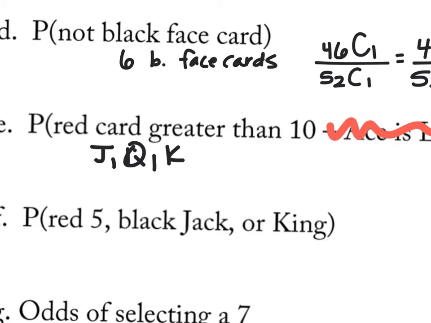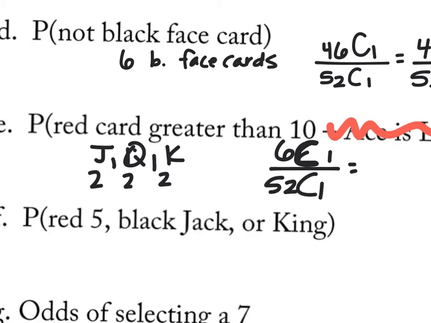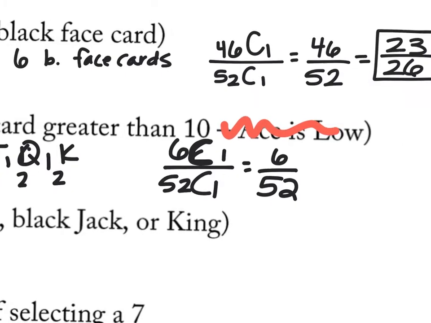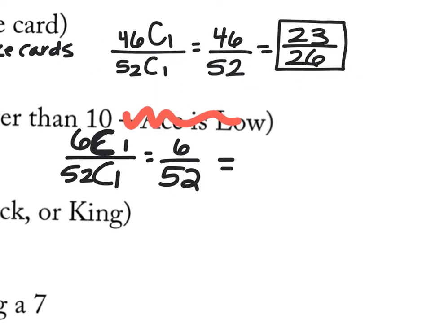And there are 2 red cards for each of those. So there are 6. So it's 6 choose 1 over 52 choose 1, which is 6 out of 52. So that's 3 out of 26.